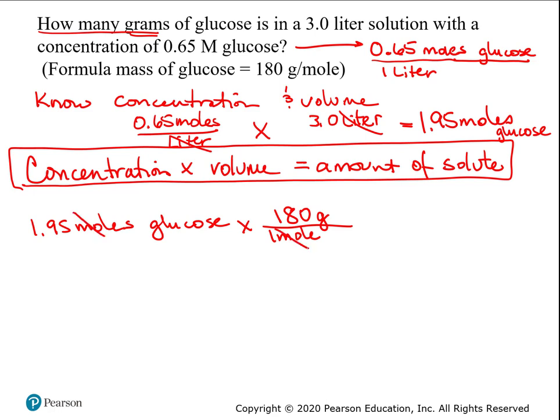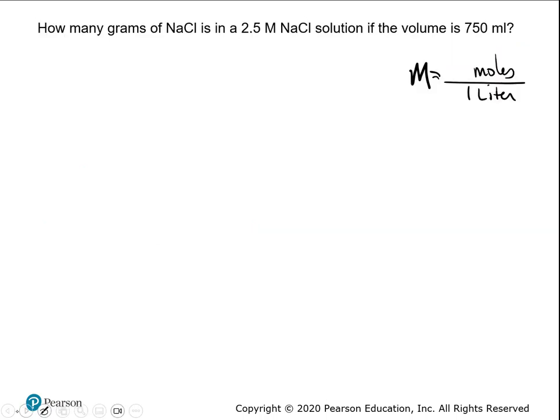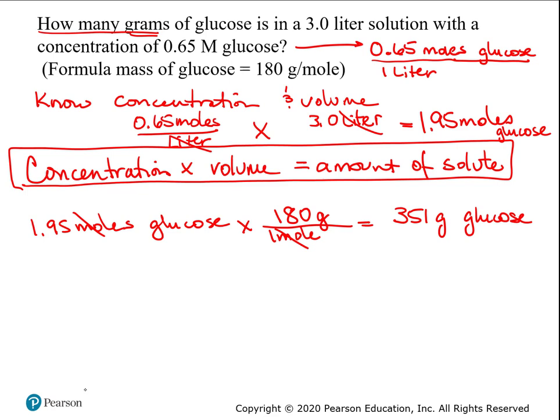So 1.95 times 180, moles and moles will cancel and it's going to tell you your answer in grams.